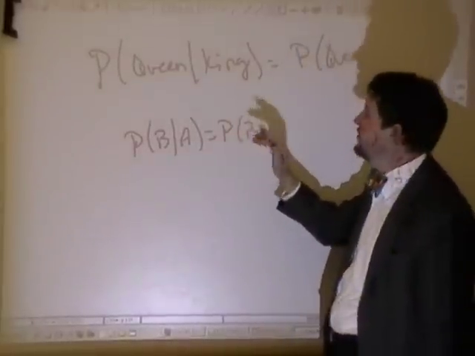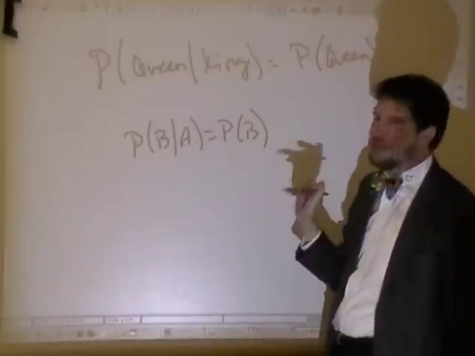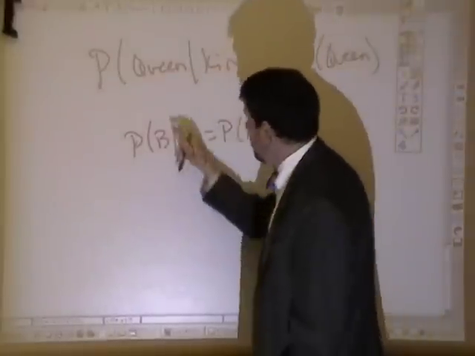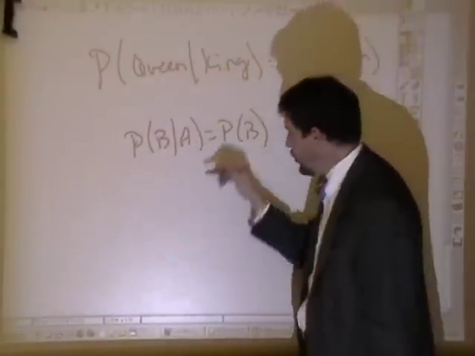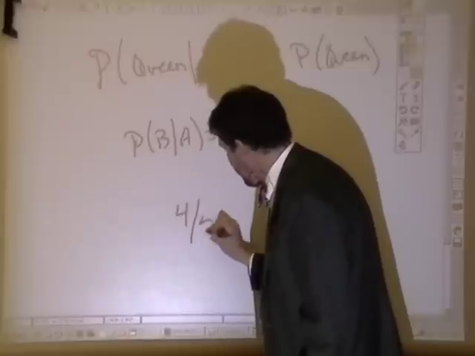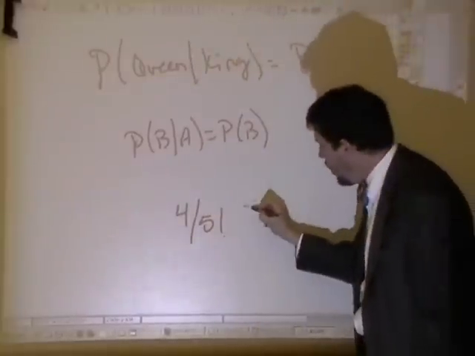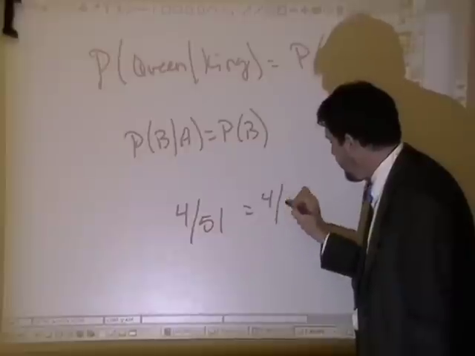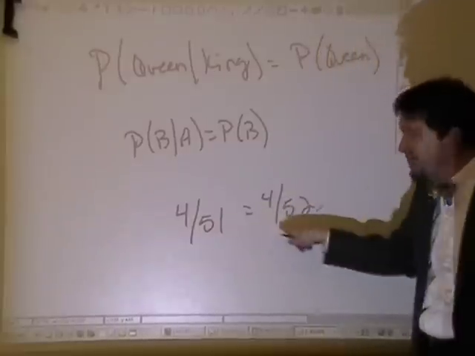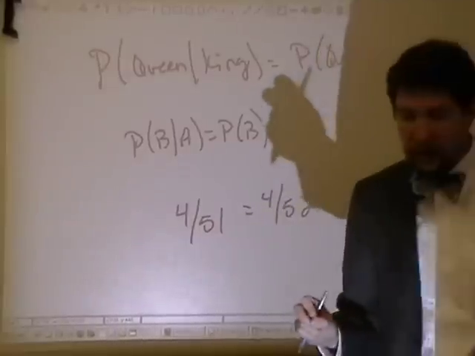If that's the case, then these two events are going to be independent of each other. So the probability of drawing a queen, given that you've drawn a king, is going to be 4 out of 51. But the probability that you draw a queen all by itself is 4 out of 52. They are not the same. Therefore, they are not independent.